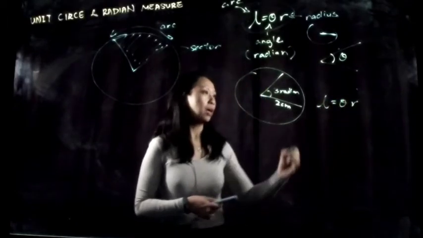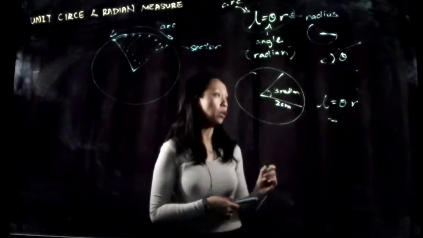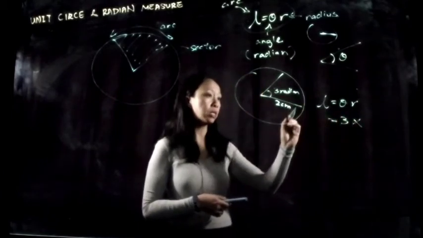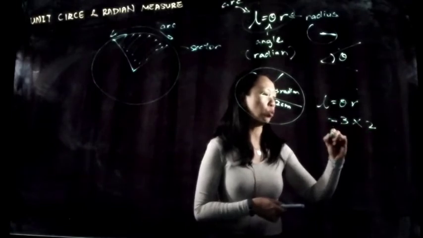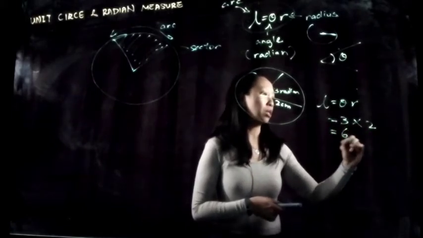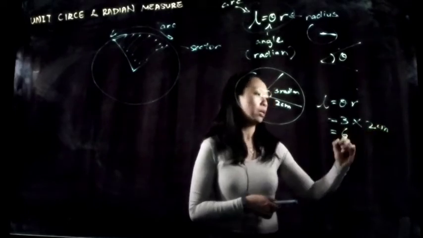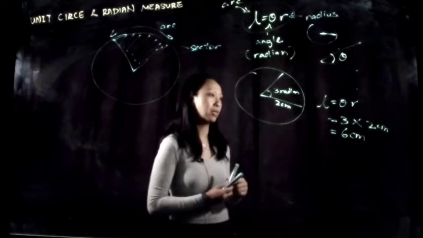Theta, in this case, is the angle in radian, which is 3. And r will be your radius of the circle, which is 2. So 3 times 2, what do we get? 6. What is the unit for our length? Because this is in centimeter, the arc length will also be centimeter, so it will be 6 centimeter.